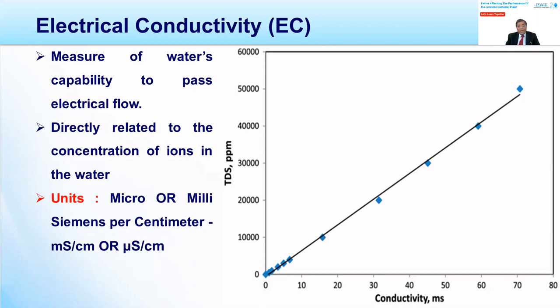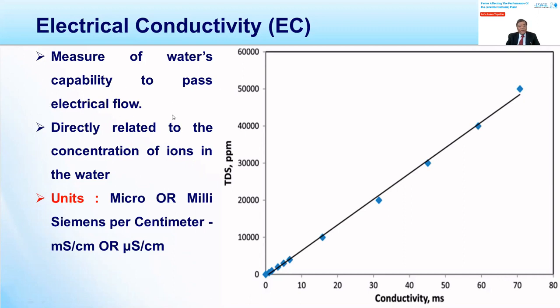Conductivity and TDS have some relation, and around 50 to 70% of the conductivity is reflected in the TDS. If your conductivity is 1000, the TDS will be around 500 to 700, and this relation is linear, and you can see this graph.